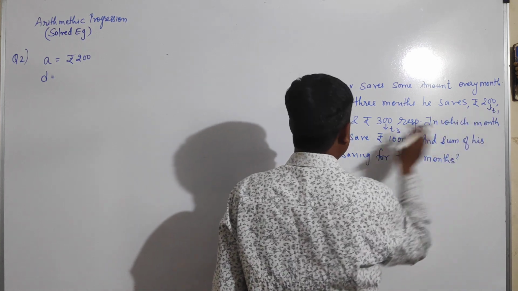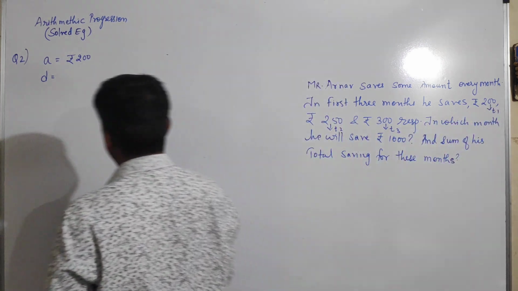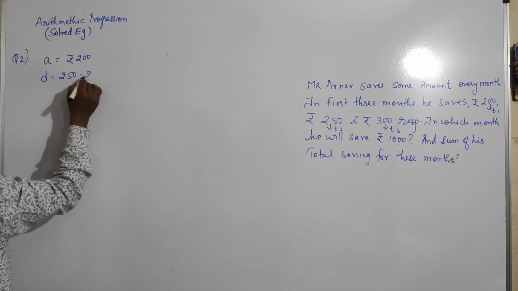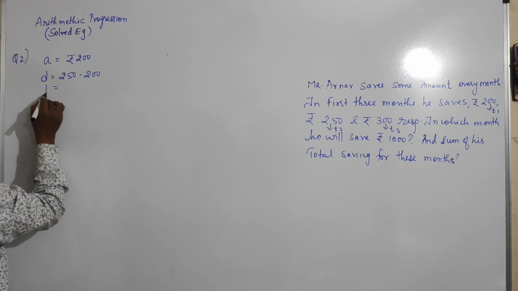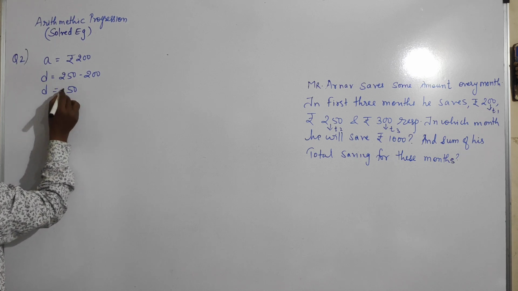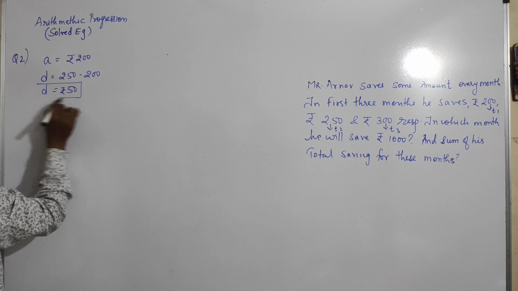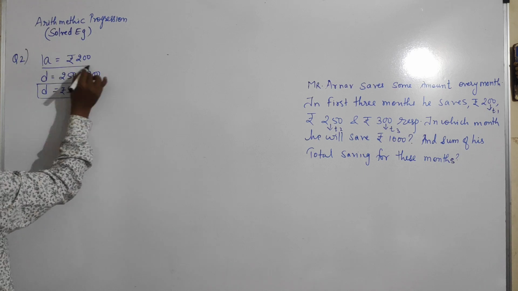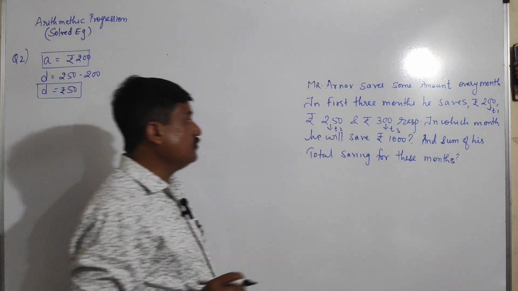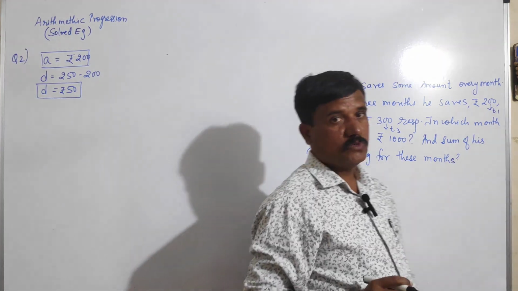So D is equal to T2 minus T1. D is equal to 250 minus 200, therefore the value of D is 50. A is 200 and D is 50. So in which month will he save rupees 1000?